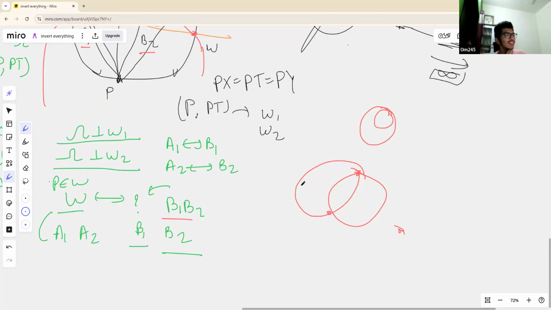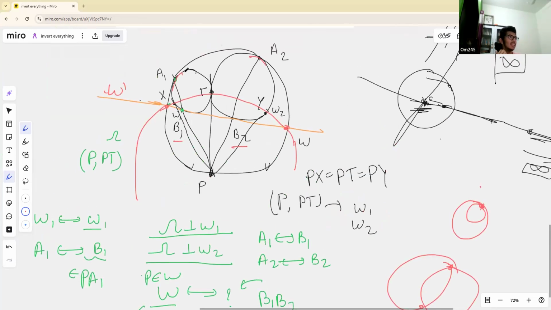I'm saying if you have a line or circle intersecting at one point, as someone mentioned, inversion is a bijection. So the two images should also intersect at one point. So if these two are tangent to each other at A1, then omega dash and the image of omega 1 should be tangent at B1.